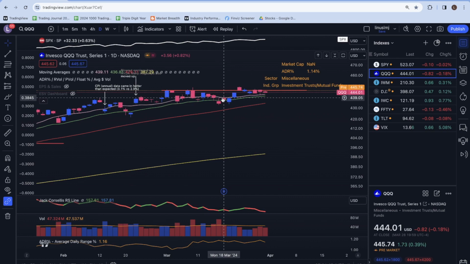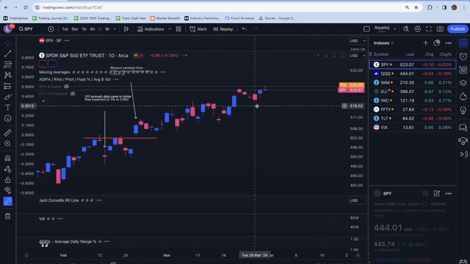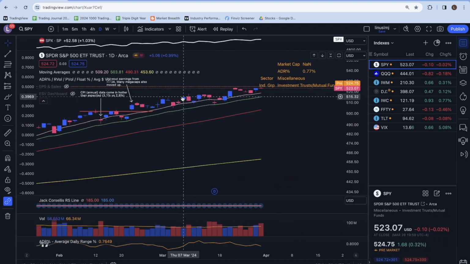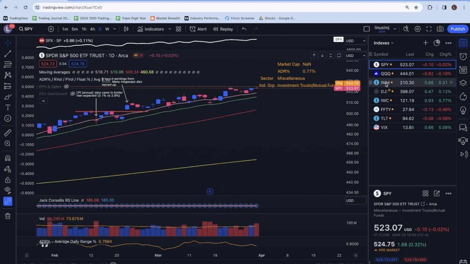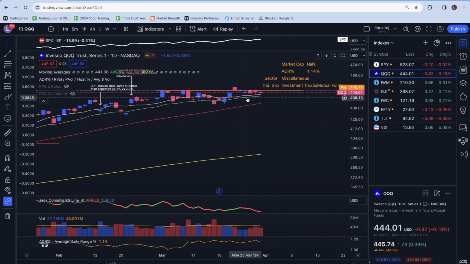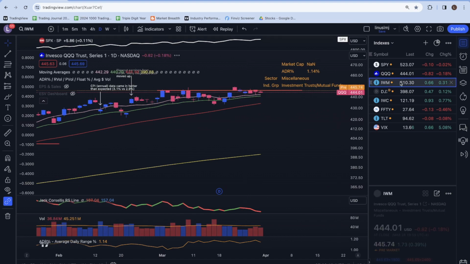So as you can see for the S&P 500, on a monthly basis, right? We started at this candle here to where we are on Thursday. You see that the S&P 500 actually went up for the month of March, but the Nasdaq has been flat. Right, so that's something to pay attention to for this rotation in stocks under the market indexes.